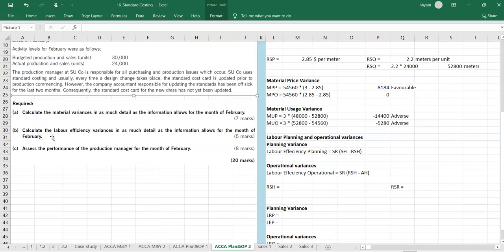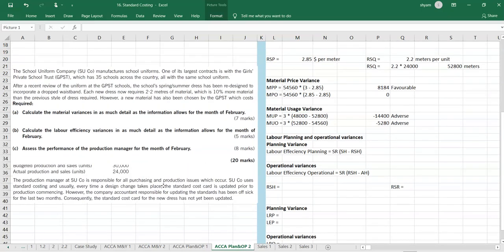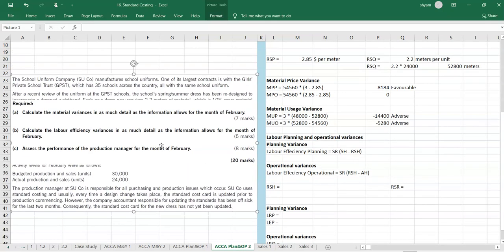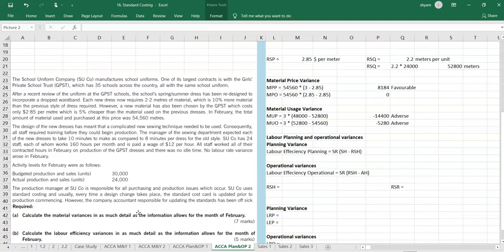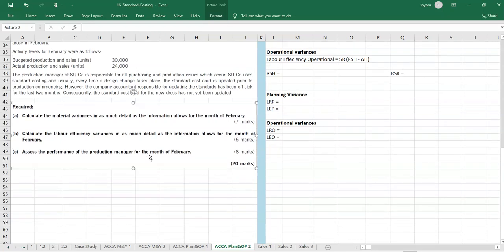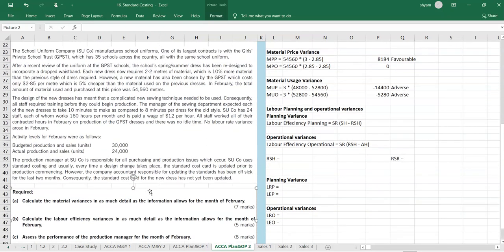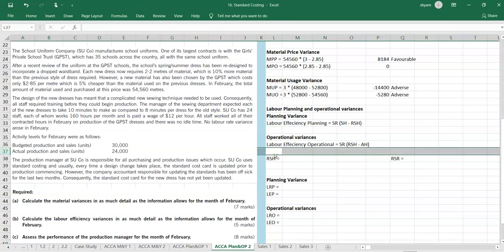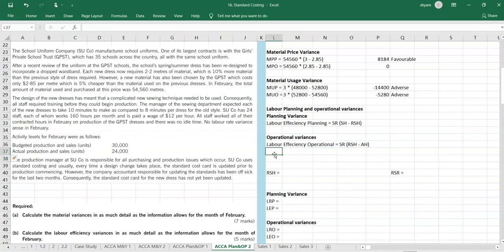Okay. So they just want labor efficiency variance in detail, right? That is what they want. So the numbers that we want, I think first we'll get that.